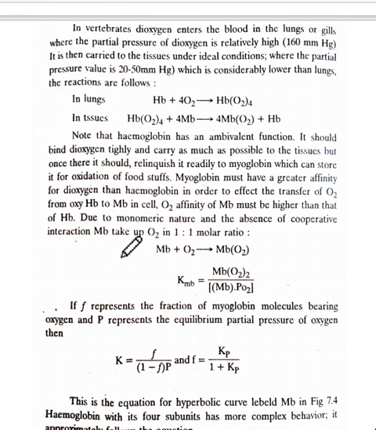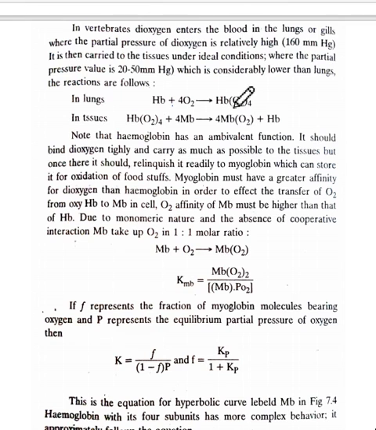It is then carried to the tissues under ideal conditions, where the partial pressure value is 20 to 50 mmHg, which is considerably lower than lungs. The reactions are as follows. Hemoglobin plus oxygen gives oxyhemoglobin, and oxyhemoglobin plus myoglobin gives oxymyoglobin plus hemoglobin.